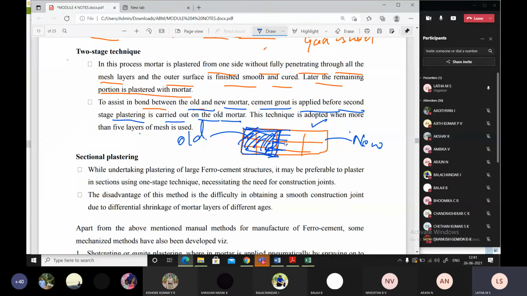Grouting has to be done. Then you find the continuity, a uniform layer produced throughout, so that there will not be any differences between the old plastering and the new plastering.